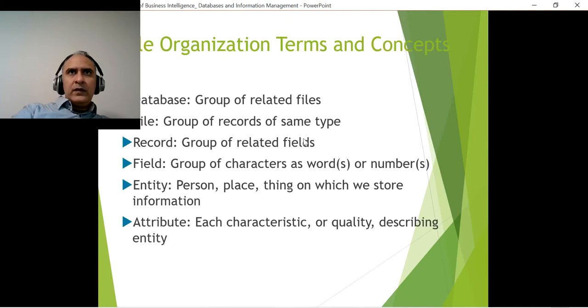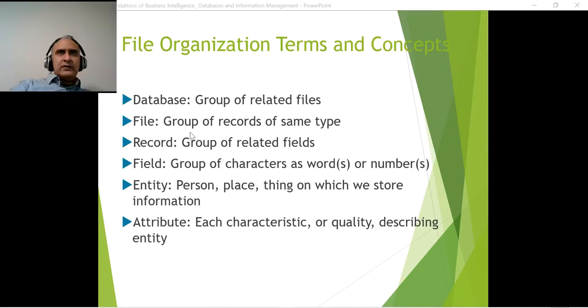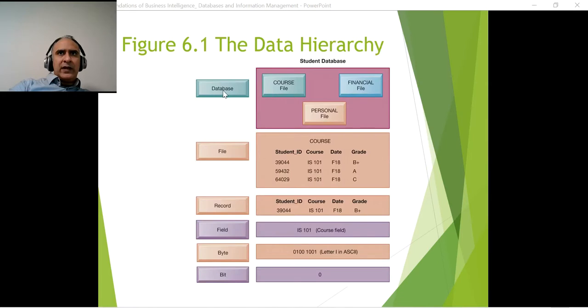So firstly, let's look at some basic concepts. This is the file organization. We're just going to look at it very quickly, because we're going to look at, firstly, what is a database? It's a group of related files. We have, for example, here the student database.